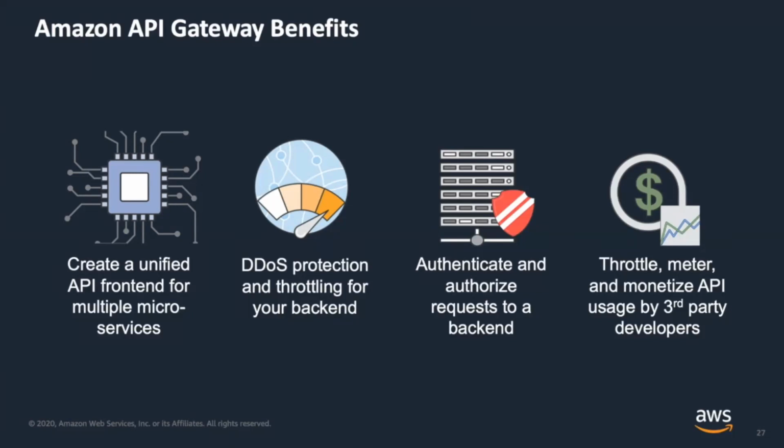You can also incorporate AWS WAF or a web application firewall in your API gateway that will provide you some level of protection against layer 7 attacks. Another good thing about this is that API Gateway also provides you with functionalities like throttling, with metering, and the ability to monetize your APIs by publishing them as products in the AWS Marketplace.